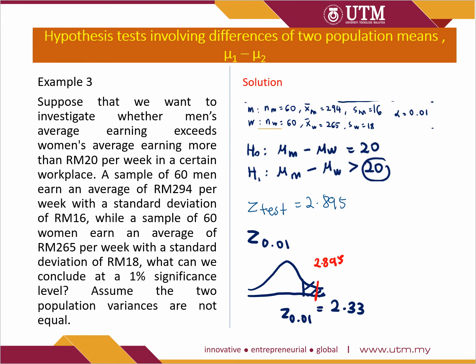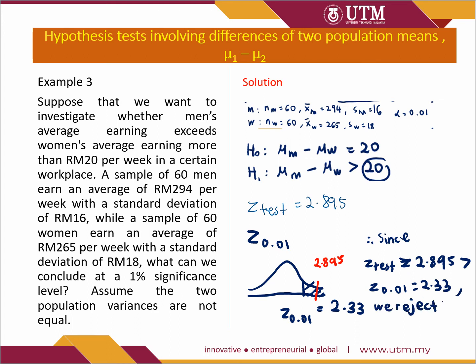Which means that since z-test, which is equal to 2.895, is greater than the critical value, we reject H node.